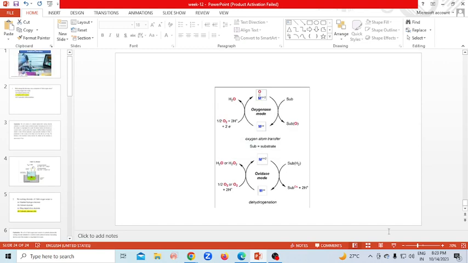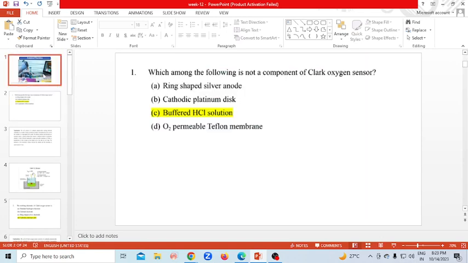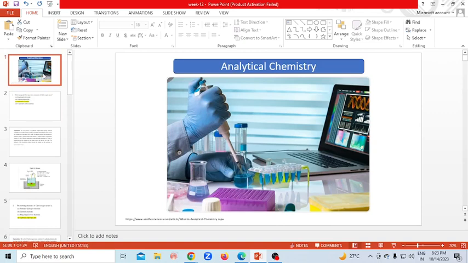So this is all about this week's assignment, and at the end we discussed how electrochemistry is useful for analytical chemistry. Electrochemistry means chemistry related to electricity. By a chemical reaction you produce some signal which can be explained by electricity.